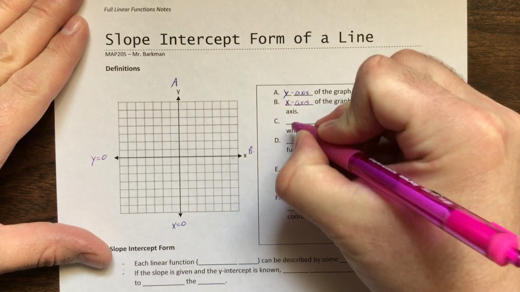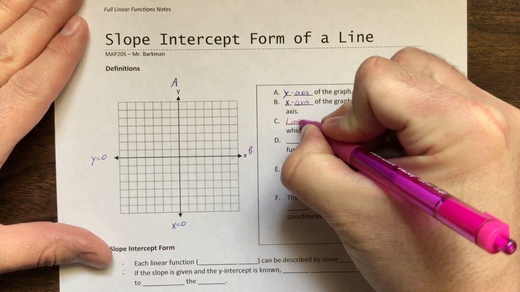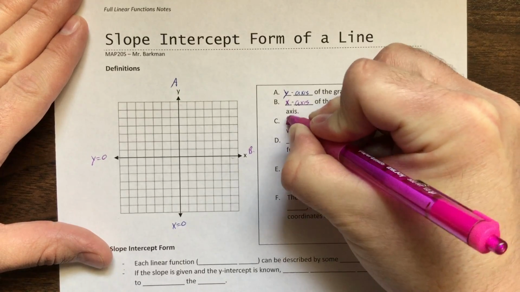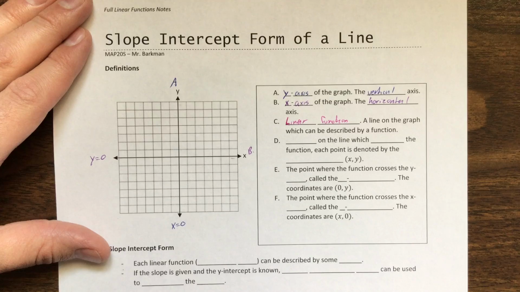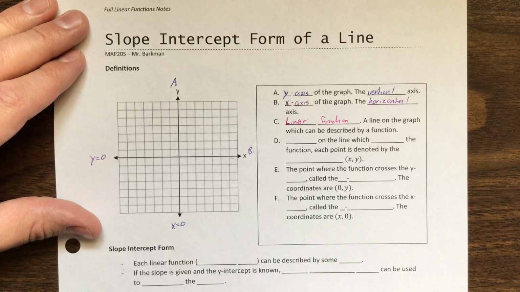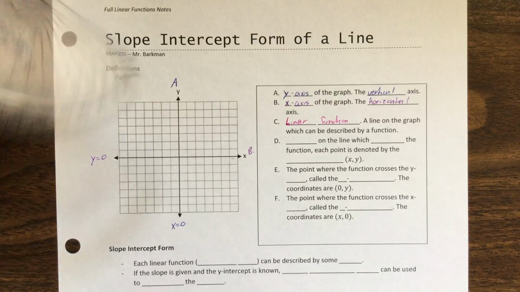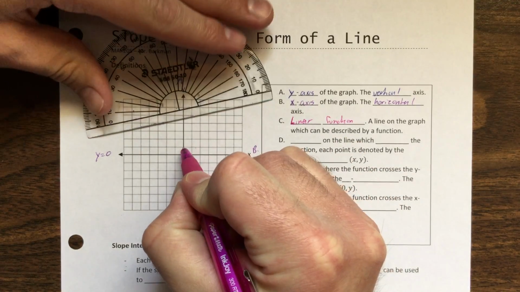Now the next thing that we're going to put on here is our linear function, and that's an L. A linear function is any line on the graph which can be described by a function. When we talk about a line on a graph, we're going to draw it out as a straight line, and the ones that we're dealing with here are always going to be straight lines.